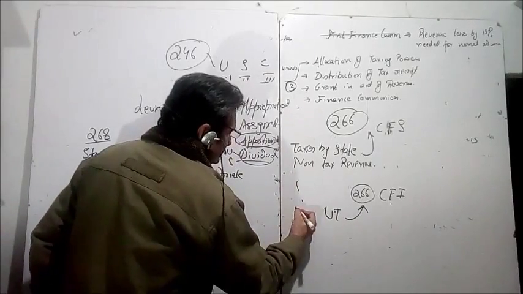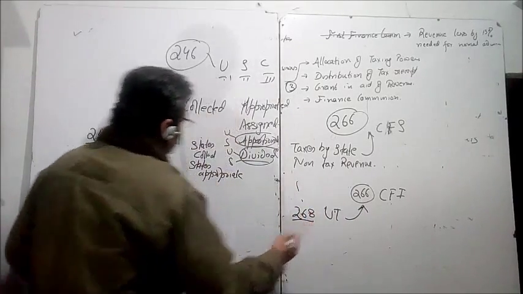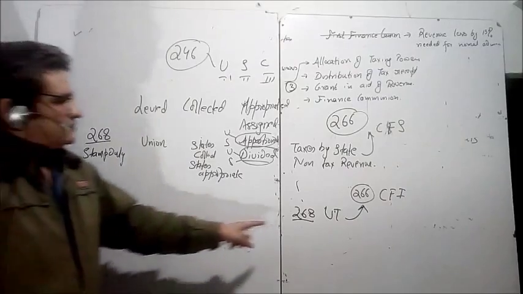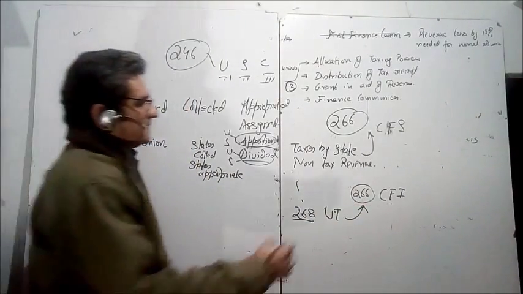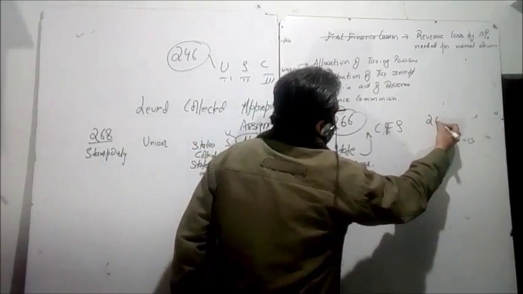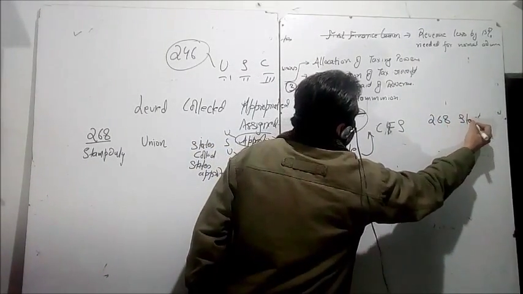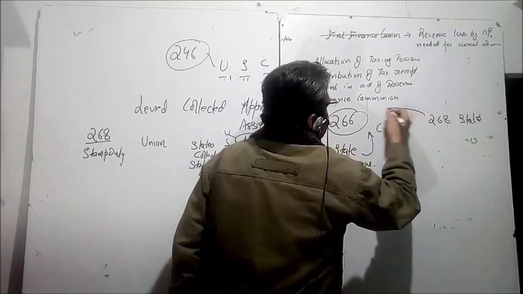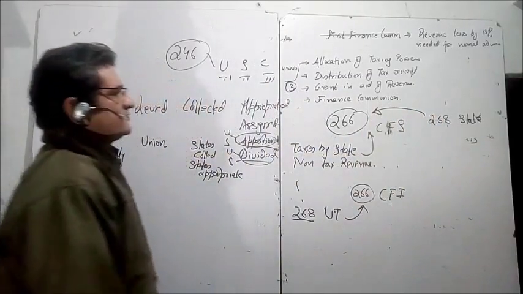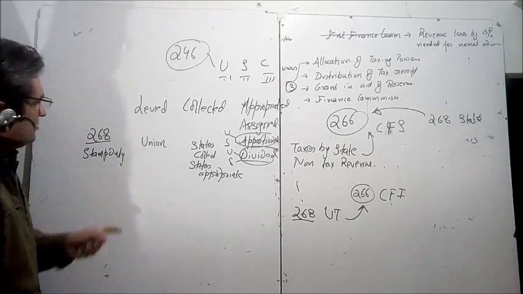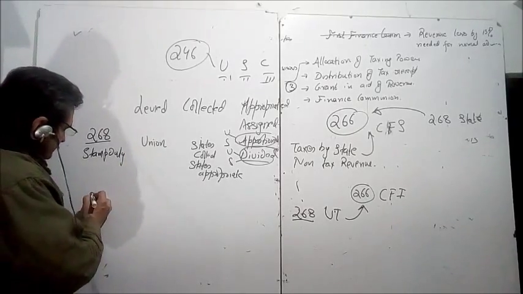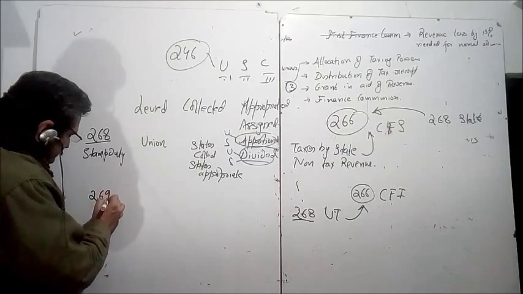So amount falling under Article 268, which is the stamp duty, which pertains to union territory, goes to the Consolidated Fund of India, and under 268, which pertains to state, goes to the Consolidated Fund of State, though it is levied by union. Now there is another category, which is Article 269.